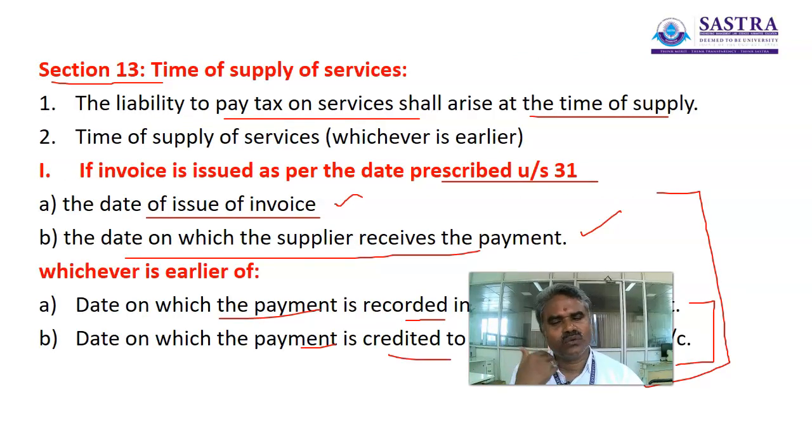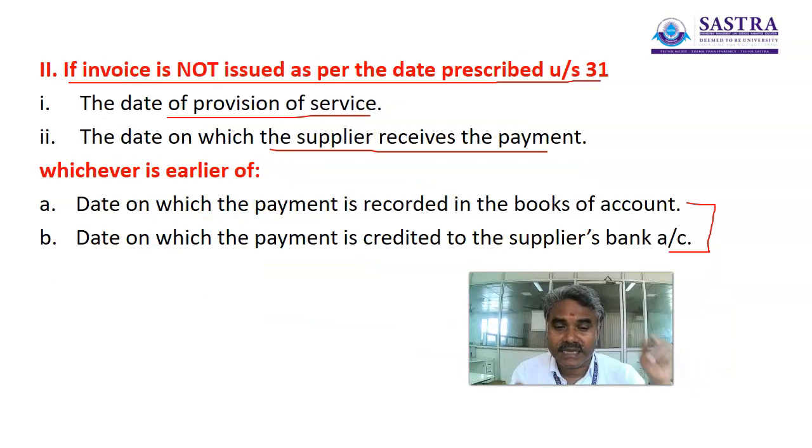The invoice should be prepared within 30 days of the date of service, and the date of issue of invoice will be considered here. Then whichever is earlier: the date on which the payment is recorded in the books of account, or the date on which the payment is credited in the supplier's bank account. This is the same.